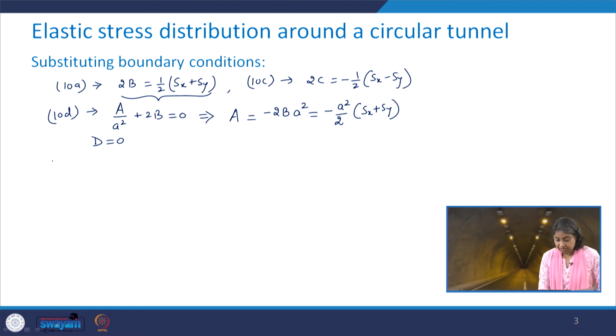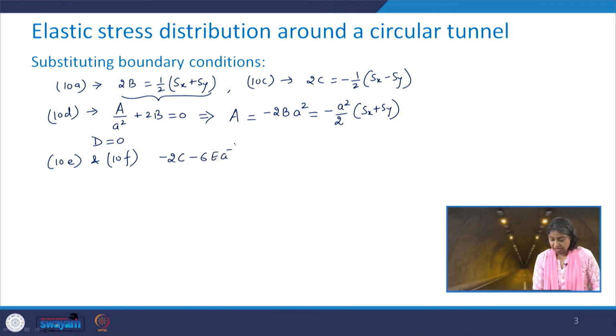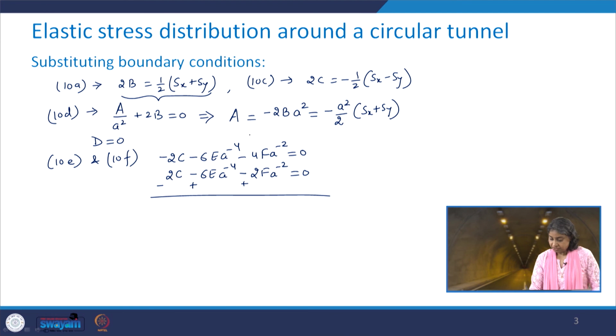Now if you add equation 10e and 10f together, or combine these, see what will happen. 10e was minus 2C minus 6E a to the power minus 4 minus 4F a to the power minus 2 equal to 0, and then you had 2C minus 6E a to the power minus 4 minus 2F a to the power minus 2 equal to 0. Just subtract it. So this will become minus, this is plus, and this will get cancelled.